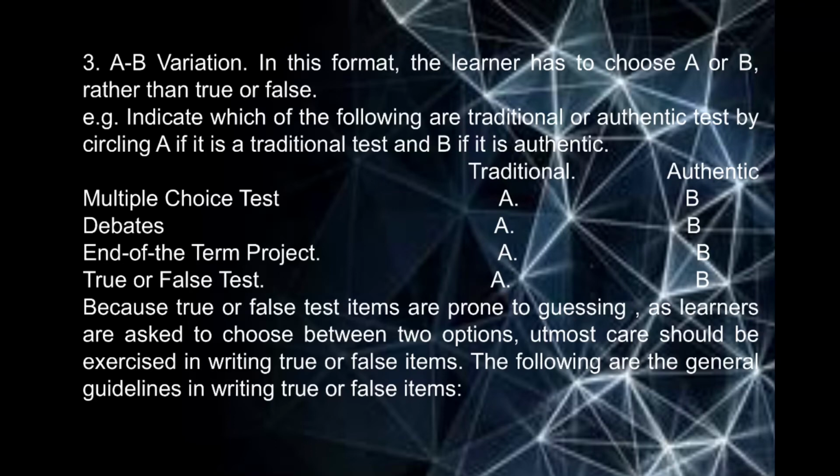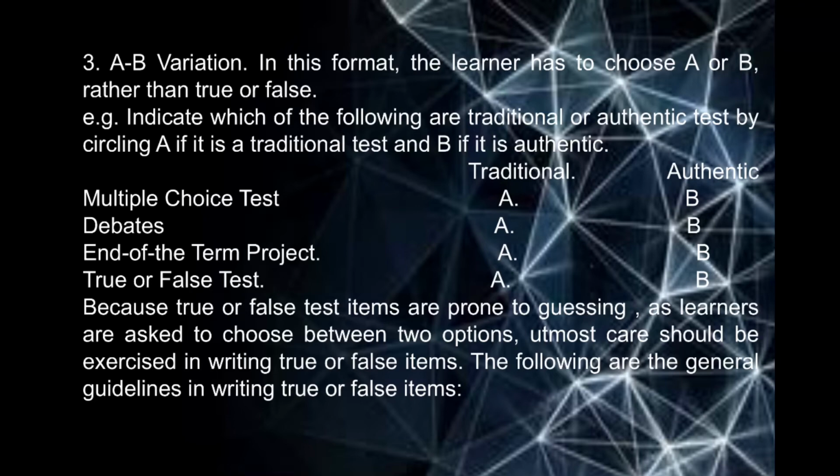So, example, indicate which of the following are traditional or authentic tests by circling A if it's a traditional test and B if it is authentic. So, yung traditional assessment, test taken with paper and pencil that are usually true or false, matching type, or multiple choice.